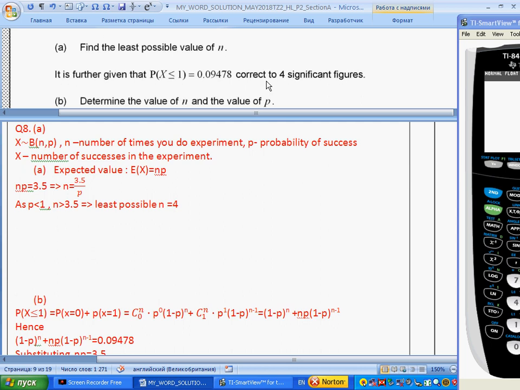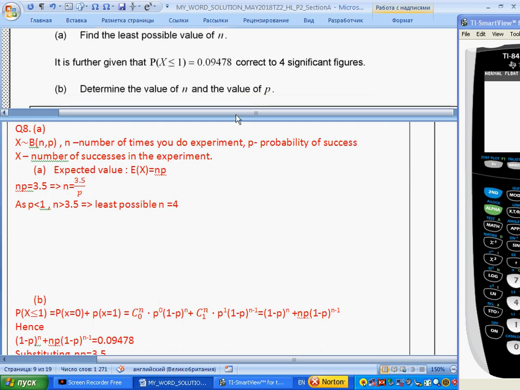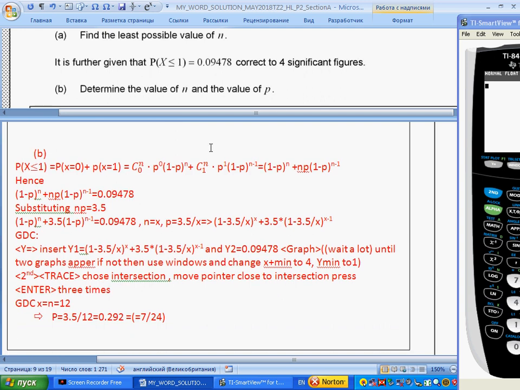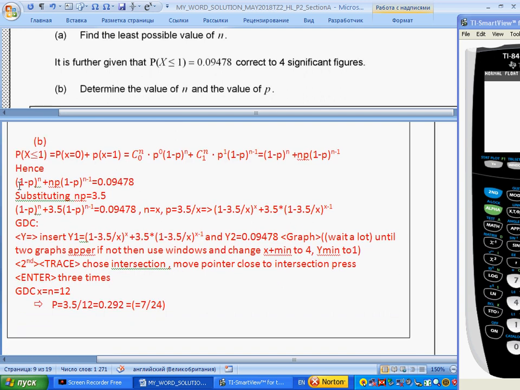It is further given that probability x less than or equal to 1 equals a value correct to 4 significant figures. Determine the value of n and the value of p. Probability that x is less or equal to 1 means that we have x equals 0 and x equals 1. So expressions are given like this. So we have these expressions.